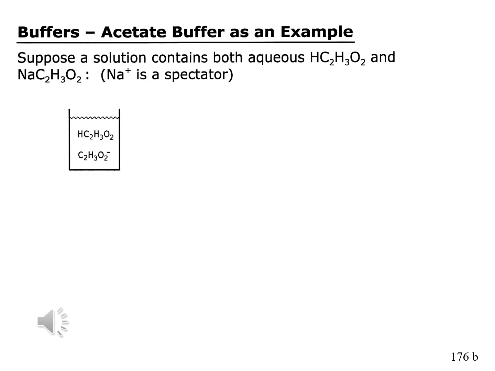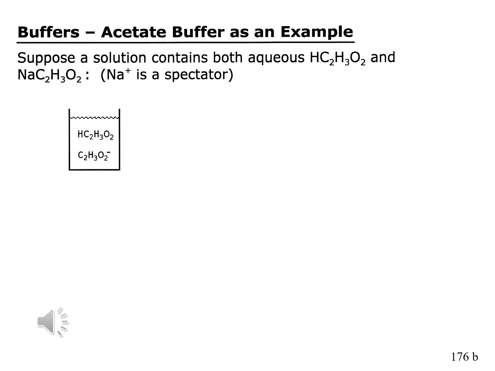Now that we know how to write these neutralizations, we're actually ready to make a buffer. And these two substances mixed together actually do make a buffer, acetic acid and sodium acetate. Now we're going to show that any buffer is made up of the same two components.